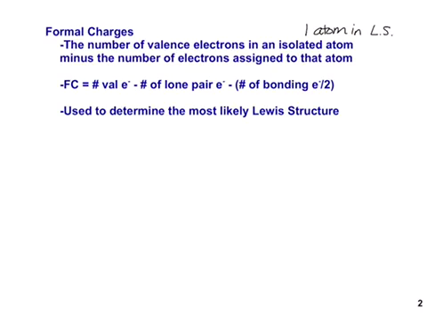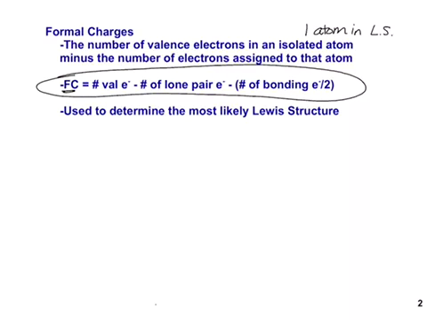So we have the formal charge formula, FC for formal charge. You take your number of valence electrons minus the number of lone pair electrons minus the number of bonding electrons divided by 2. And this is used to determine the most likely Lewis structure. So we'll practice this formula. It's actually pretty easy for how long it is.